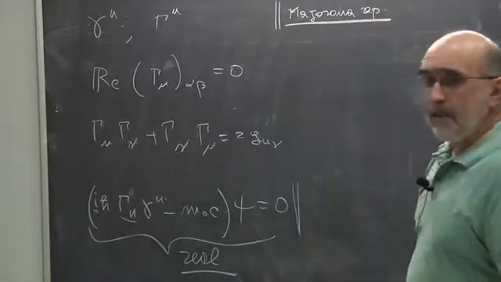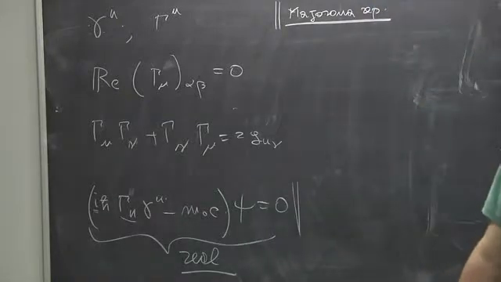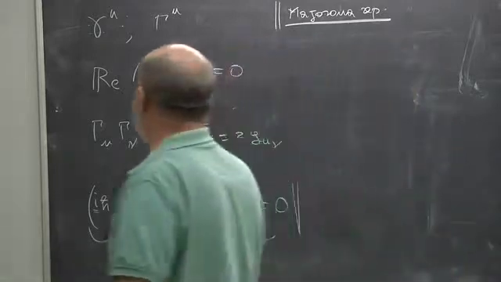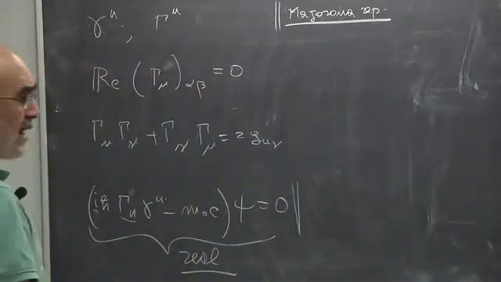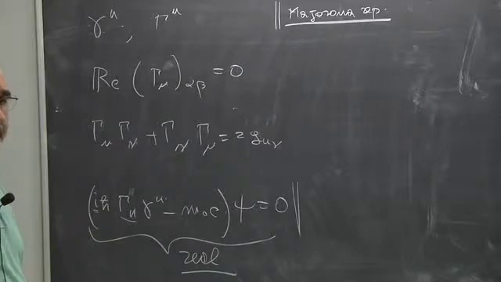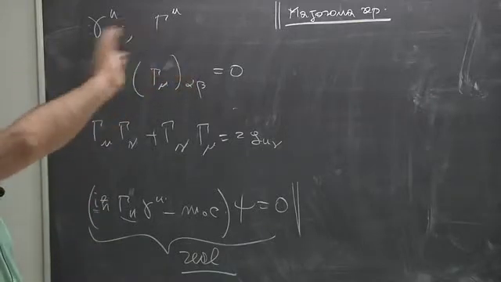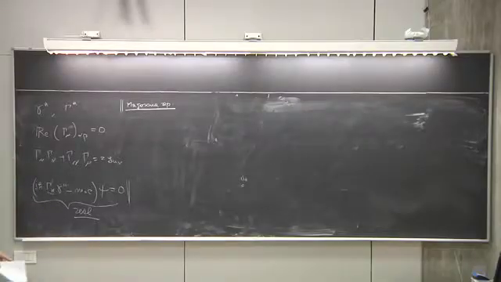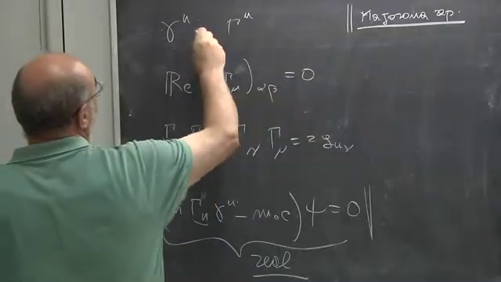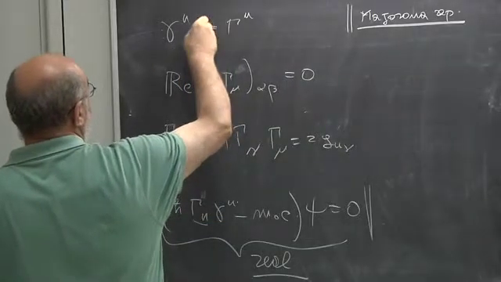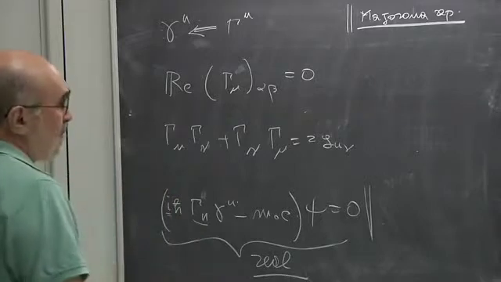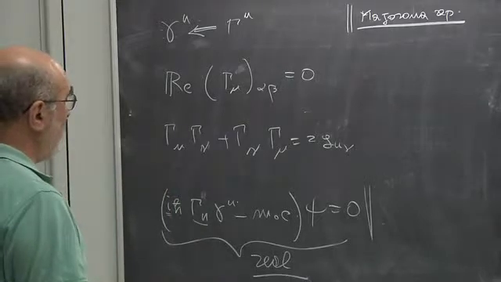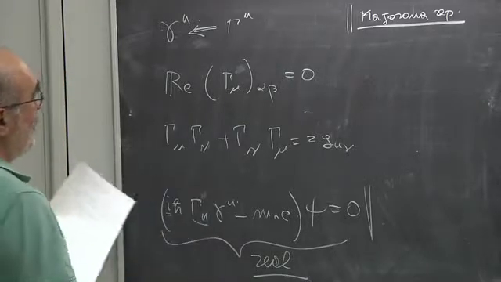Okay, so when you hear about the Majorana representation, it means many things, but basically it means Majorana was able to choose the gamma matrices, not the 16 gamma that I told you before, but the analog of this. In that manner, the Dirac equation was real.